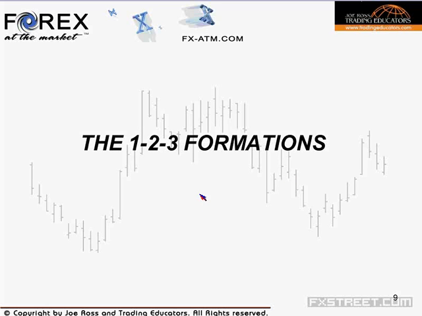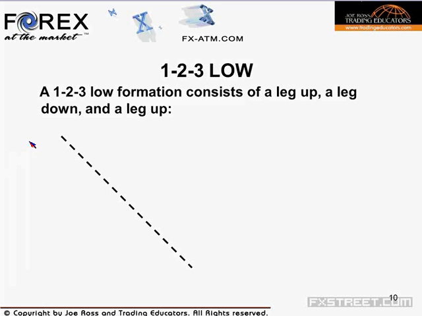So the 1-2-3 formation is the most simple formation that you can have. You've got a leg down, which is the market moving down for a while. Then you get a leg up, creating point 1. You get another leg down, creating point 2.